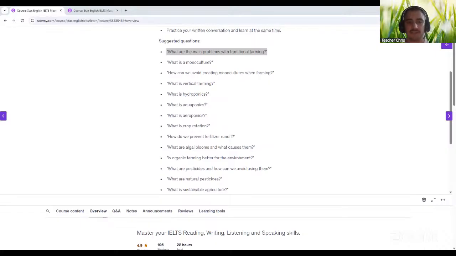What that does is it prevents sunlight from getting into the bottom of the lake. And what that can do is that can kill animals, it can kill other plants, it can completely change the chemical balance of the lake, and it can basically just kill off entire ecosystems. And that's a major problem with traditional farming.